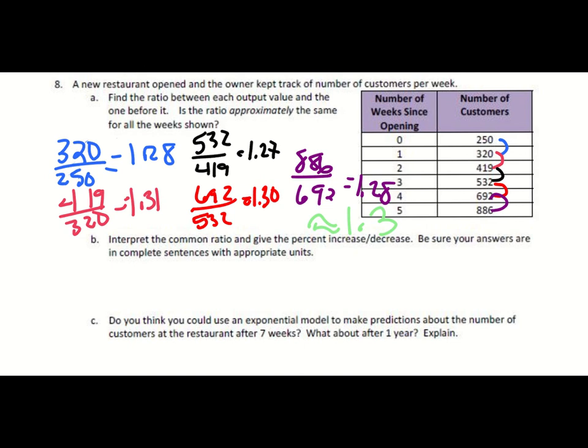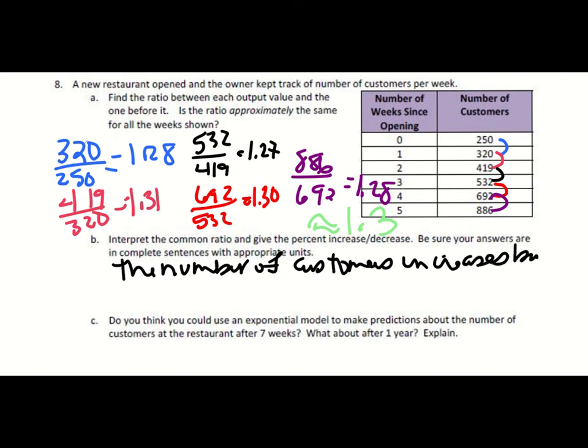So if I want to interpret the common ratio and give the percent increase or decrease: the number of customers increases because it's getting bigger, increases by multiplying by 1.3 each week.